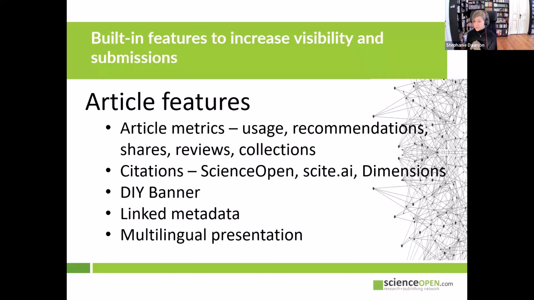All of the metadata from each article is really linked to all of the other parts of the platform, including promoting this article as related content on any other content in the platform, and a multilingual presentation.